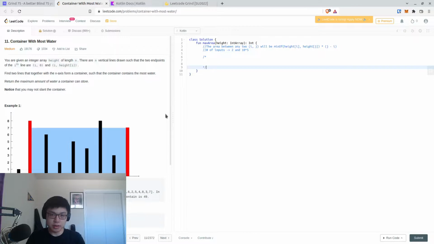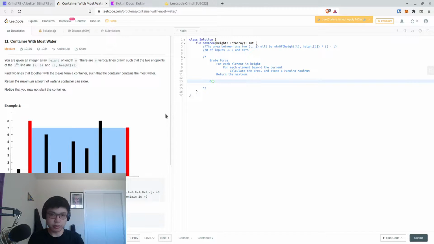Let's try to think of a solution. A brute force solution would be for each element in height, for each element beyond the current, calculate the area and store a running maximum, and then return the maximum.